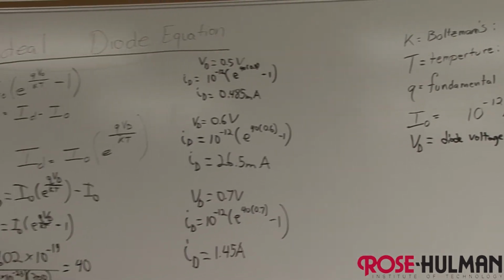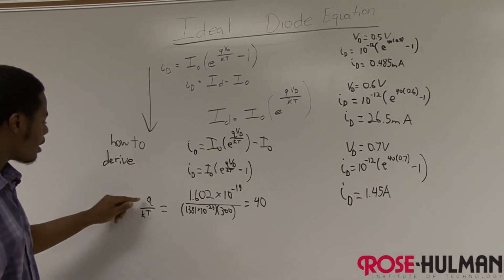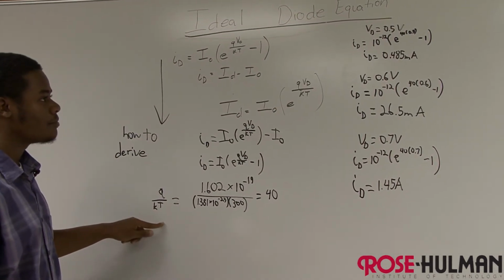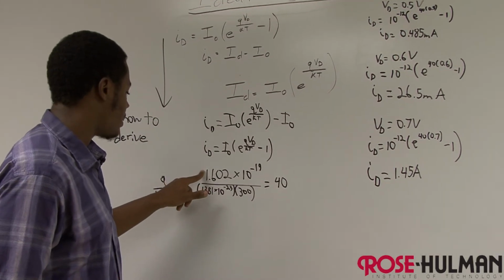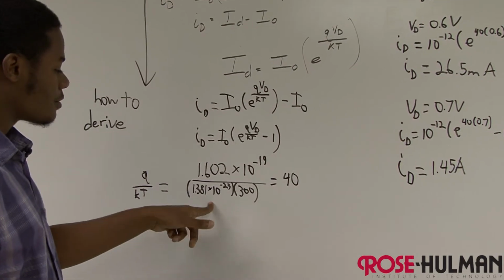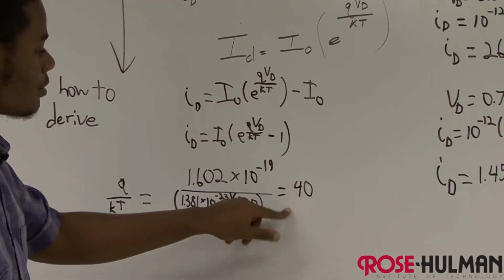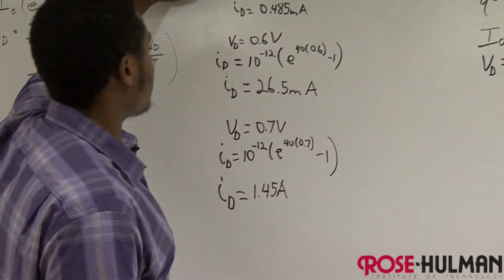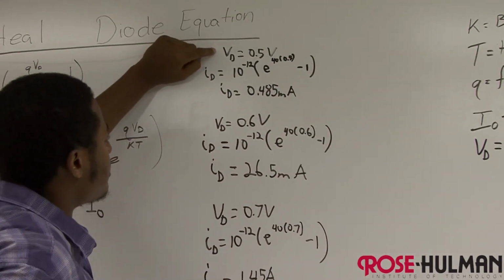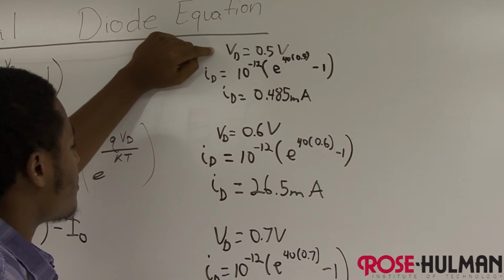So when we come back over here, we know that q over kT will be constant because those are all constant values. So we have the charge of an electron divided by the Boltzmann's constant times the room temperature, which gives us 40. So we're going to designate first our diode voltage to be 0.5 volts.